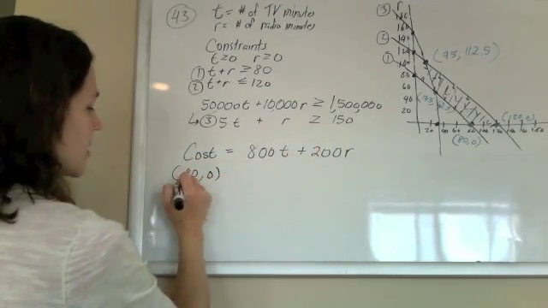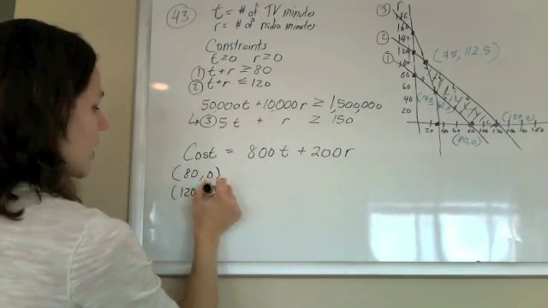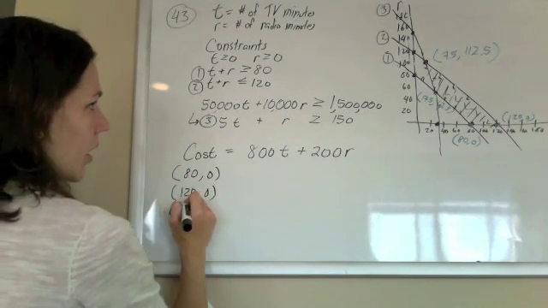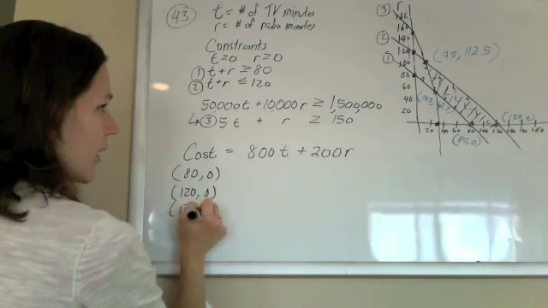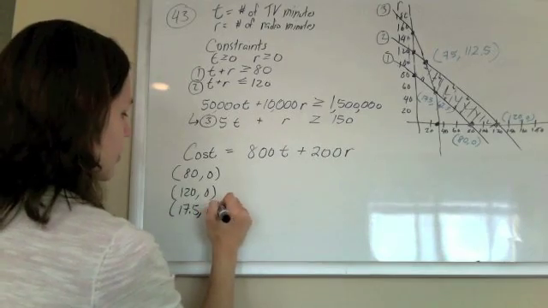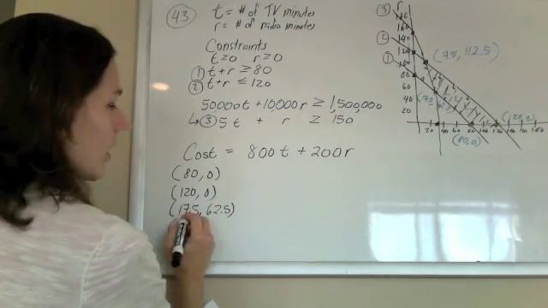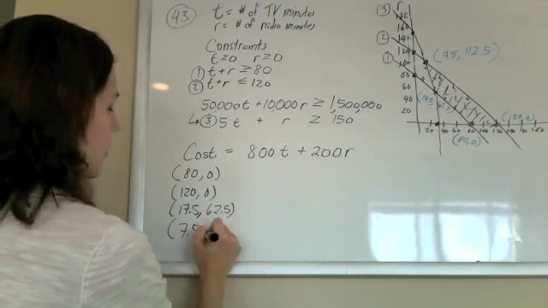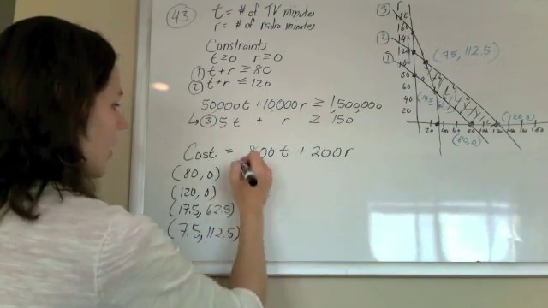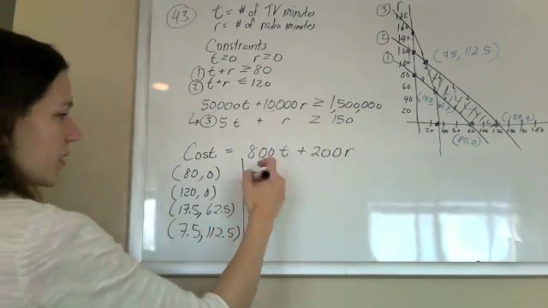So I'm just going to set up a table with all of those points. So (80, 0), (120, 0), (17.5, 62.5), and (7.5, 112.5). Plug them into here.